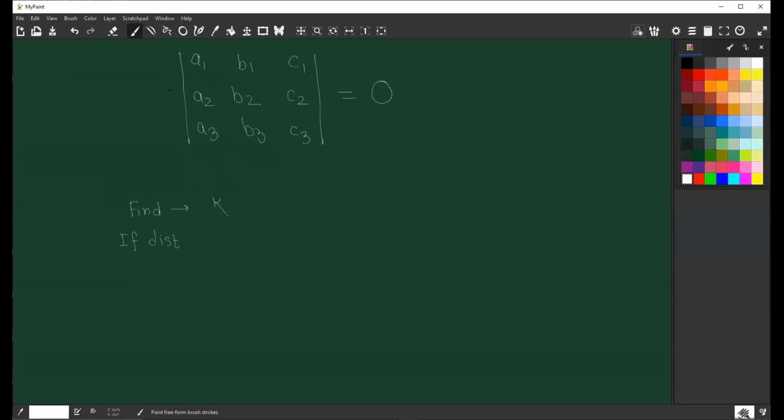Find k if the distance of (4, 1) from the line 3x minus 4y plus k is equal to 0 is 2 units.